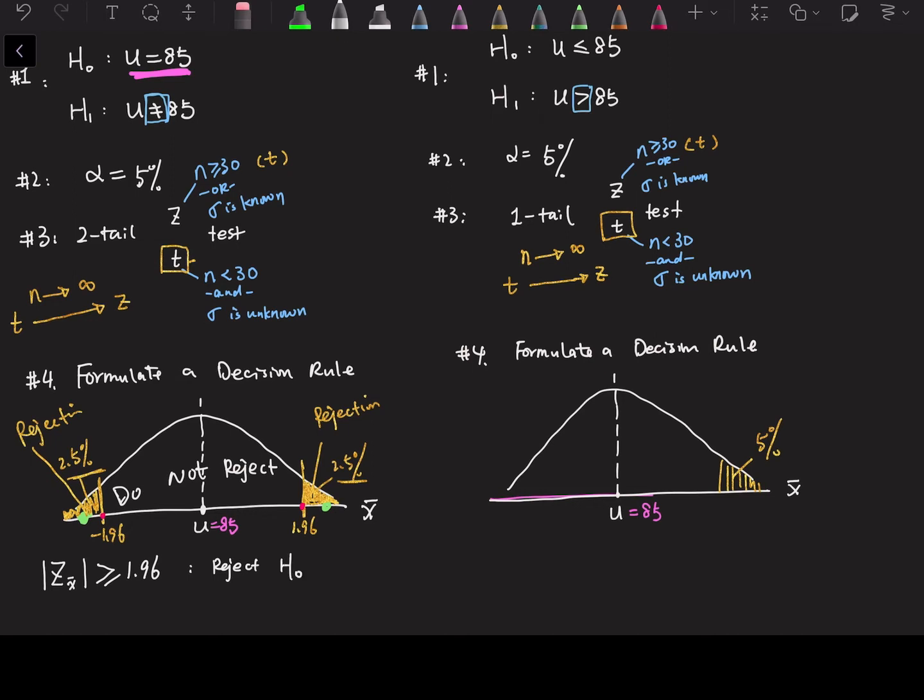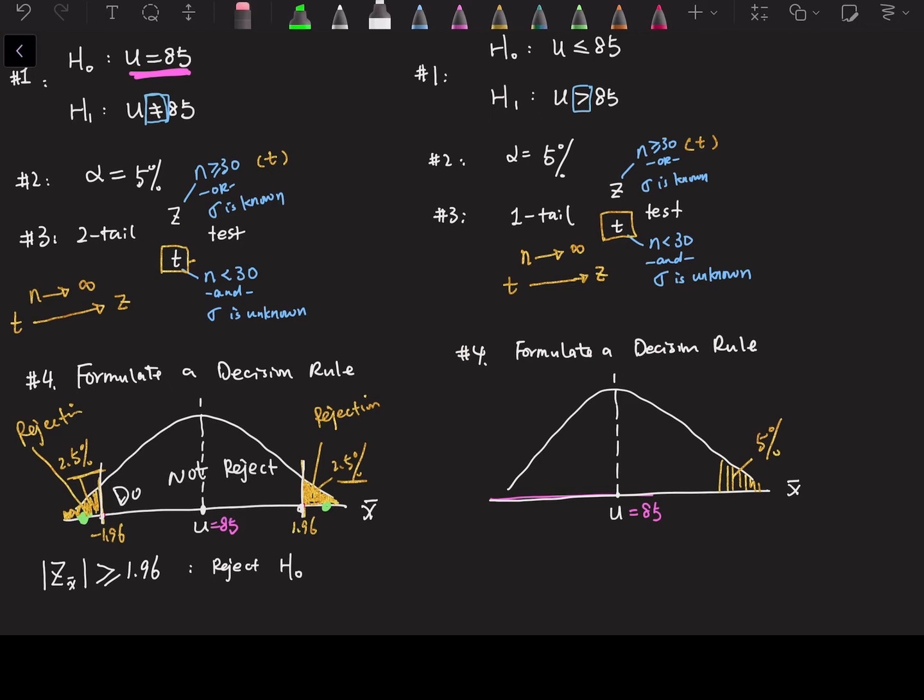So here you see this 1.96 and 1.96. These two points are actually dividing points between the area where you reject the null hypothesis and the area where you do not reject the null hypothesis.